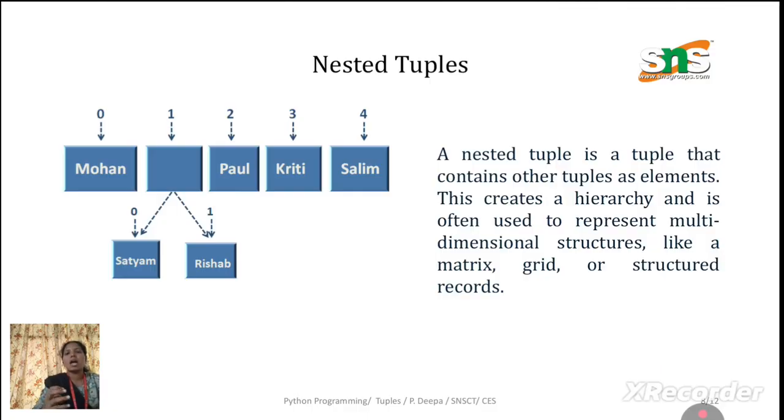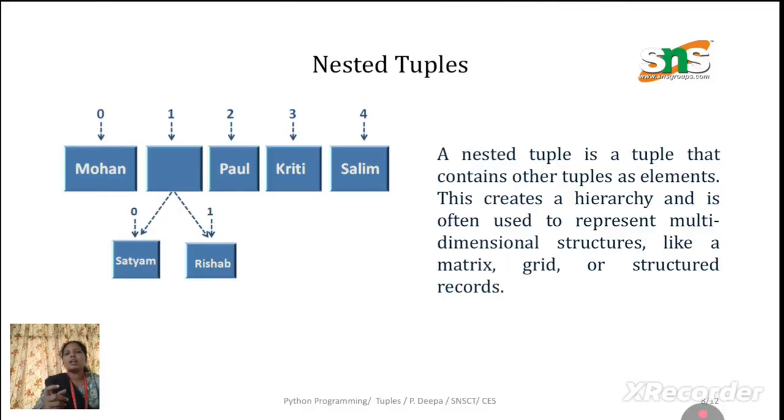So we can take the zero element, the zero index, and the one index, and they can be combined into the tuples. We can add two more elements. In the given picture, there is Mohan, the empty element of the list, then Paul, Kriti and Salim.